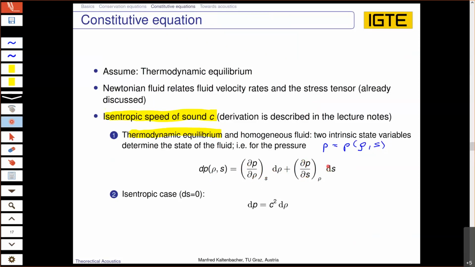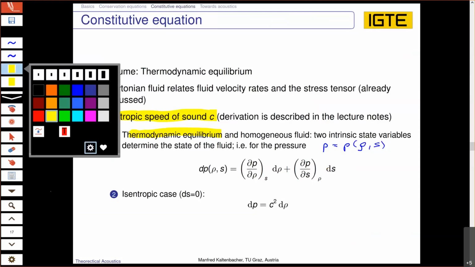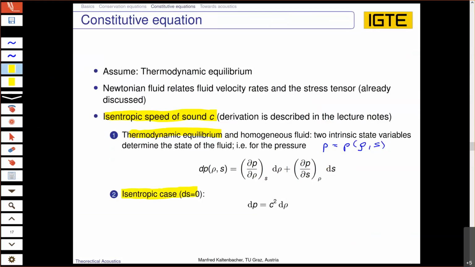And now you see, when we use this isentropic case, where the total change of the entropy is 0, we get this very nice relation with the speed of sound c, here in a general form. It does not have to be constant, it can be a function of space, and the total change of the pressure is equal to c squared times the total change of the density.